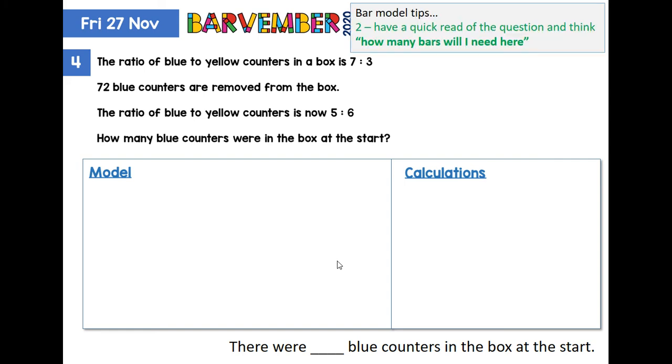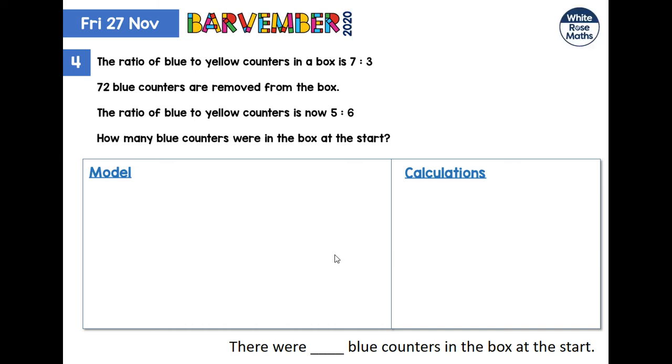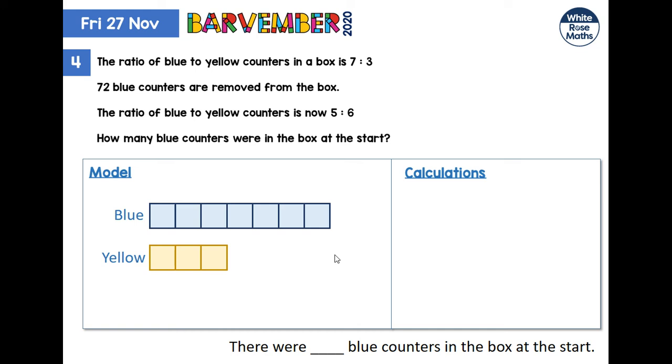And our final question in this year's Barvember: how many bars? Well, it looks as if we've got 2 bars for our blue and yellow counters. Actually, no, that's 1 bar for that. But we've got a before and after, and we've got a before and after. So let's see how we go here.